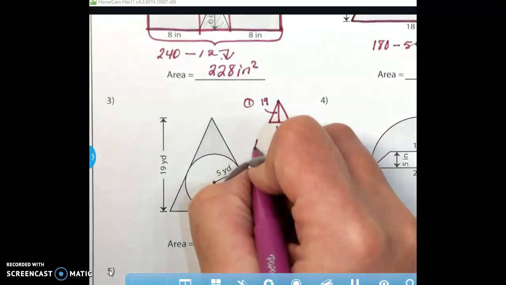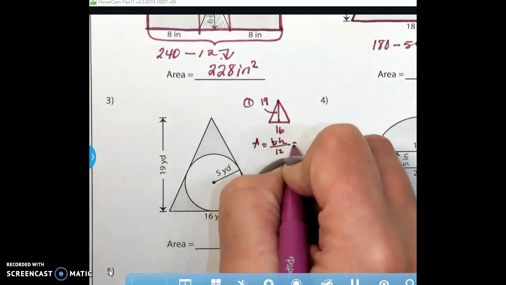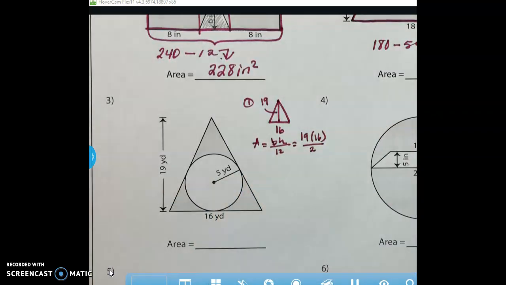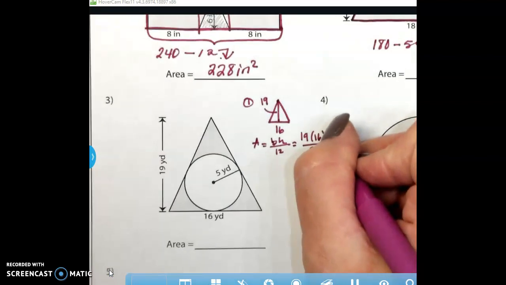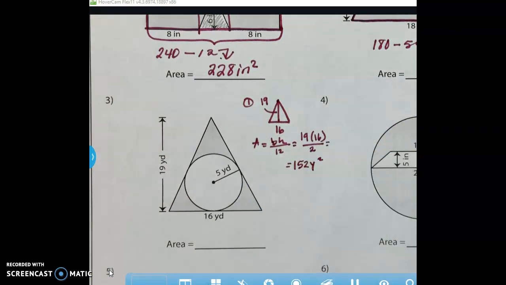Okay. Base times height divided by 2. 19 times 16 divided by 2 gives me 152 square yards.